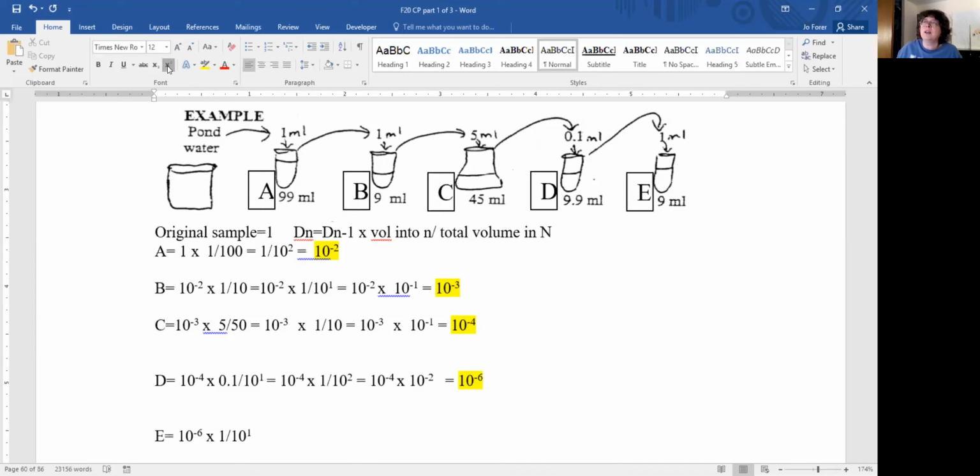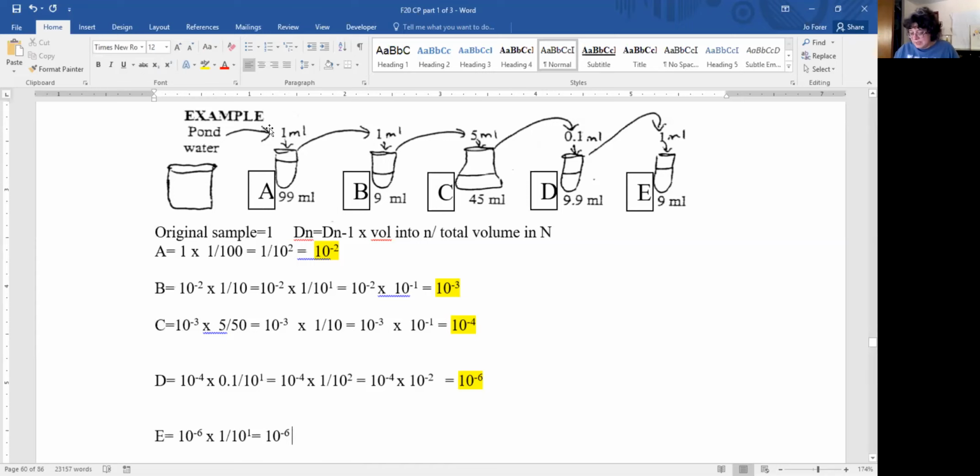When you do a lot of serial dilutions and calculations like this, you quickly get to the point where you realize that 1 over 10 is the same as 10 to the negative 1. So you're probably getting close to that, and you will be closer by the time you do your practice dilution series on the following page.